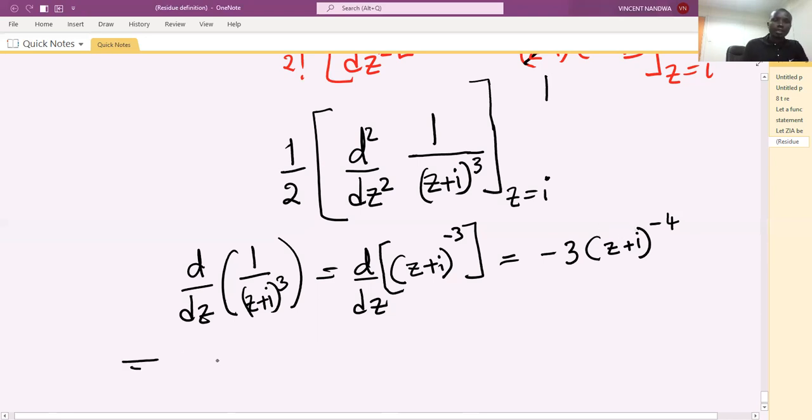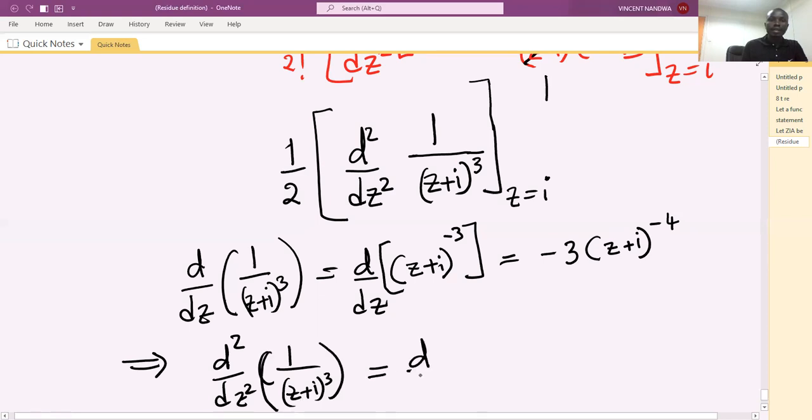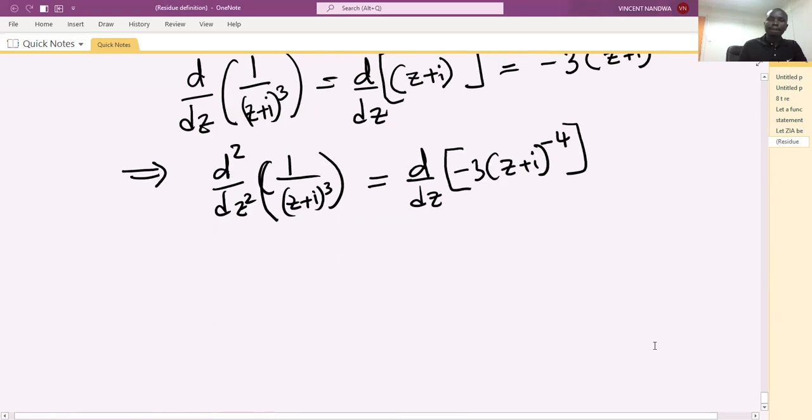So which means the second derivative of 1 over z plus i power 3 will be d dz of this first derivative, which is minus 3 times z plus i raised power minus 4, which will give us, using chain rule again, minus 4 times minus 3 is 12, and then z plus i, subtract 1, we get minus 5.